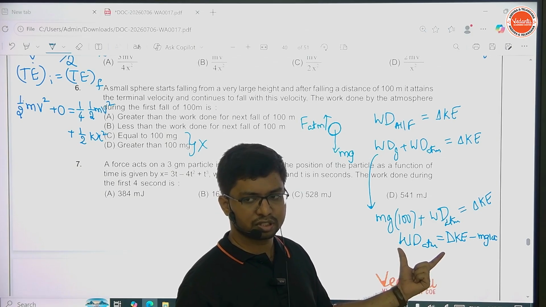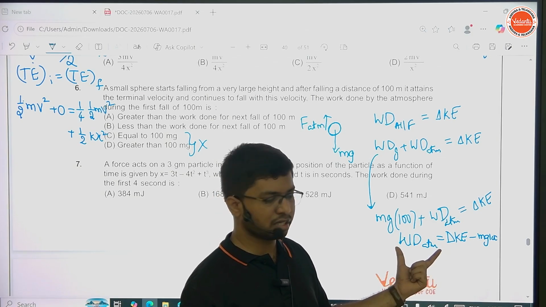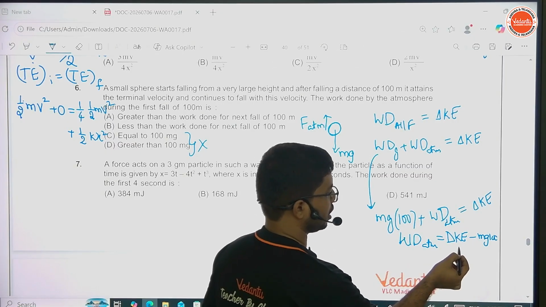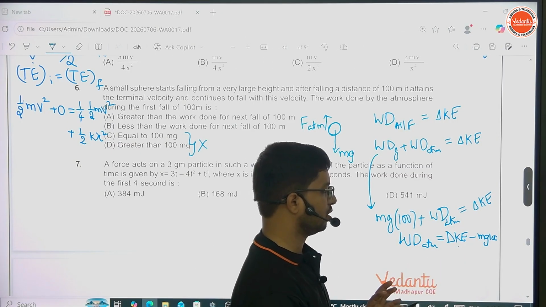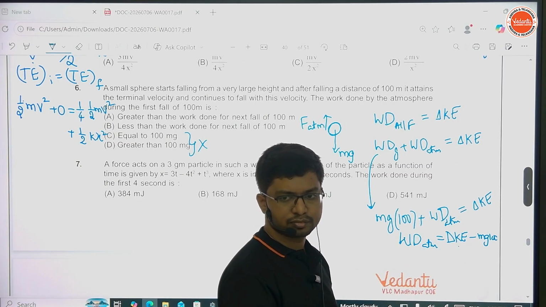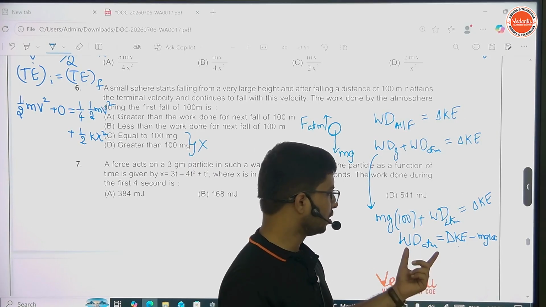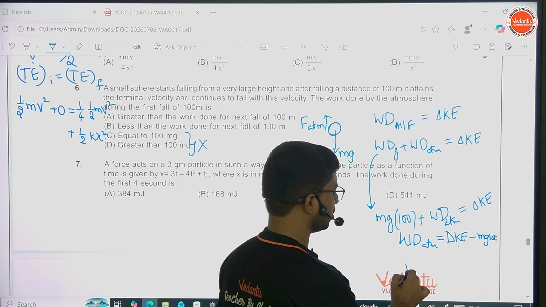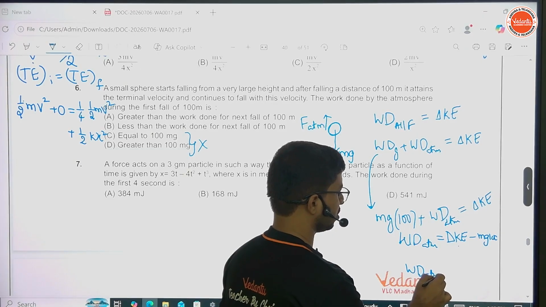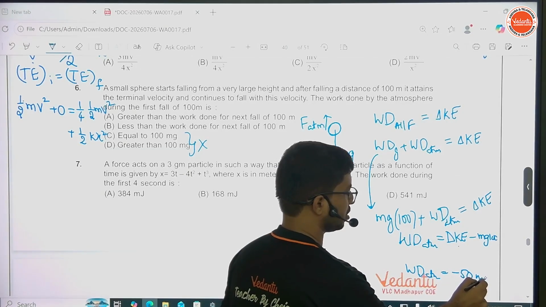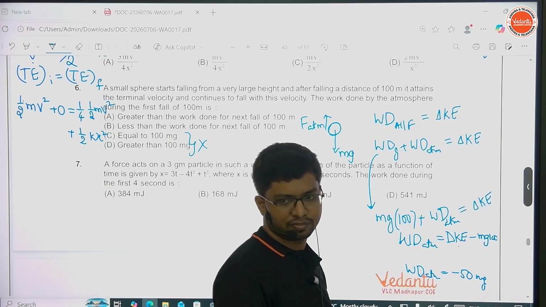Let us assume that your delta KE is somewhere around 50 mg. It should be less than 100 mg. I'm just assuming it as equal to 50 mg, right? So then what will be work done you will get over here? Minus 50 mg.